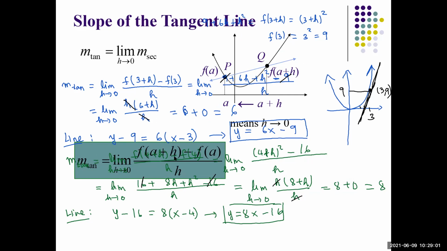Now, the reason is the book doesn't use the letter h. I prefer letter h. The textbook actually used delta x instead of an h. So you might see the formula as f of a plus delta x minus f of a over delta x instead.